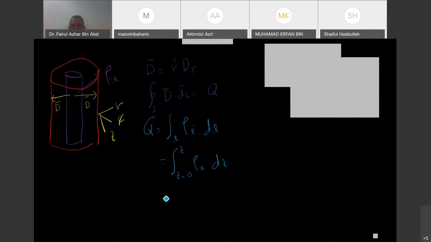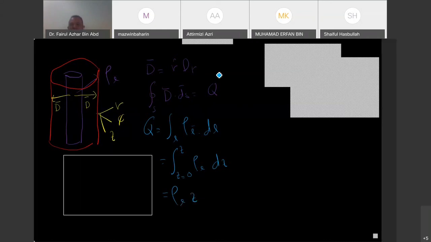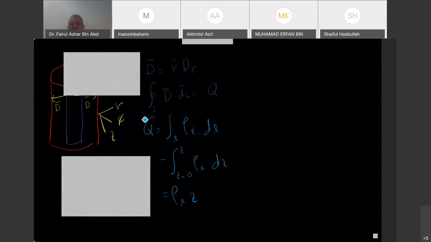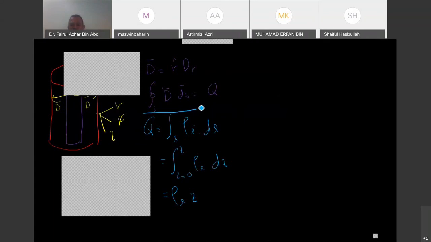The solution of this mathematical operation becomes rho L multiplied by z. Then we need to solve the other side of the equation.